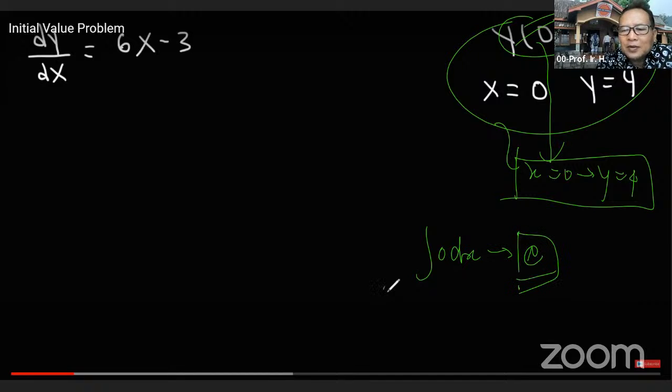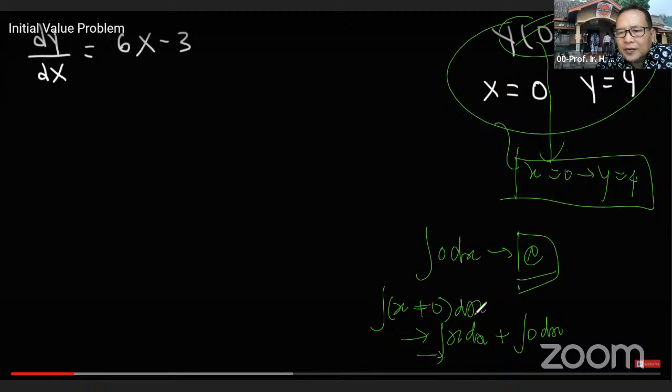So for example, if you integrate x plus 0 dx, it means you have to integrate x dx plus integrate 0 dx.